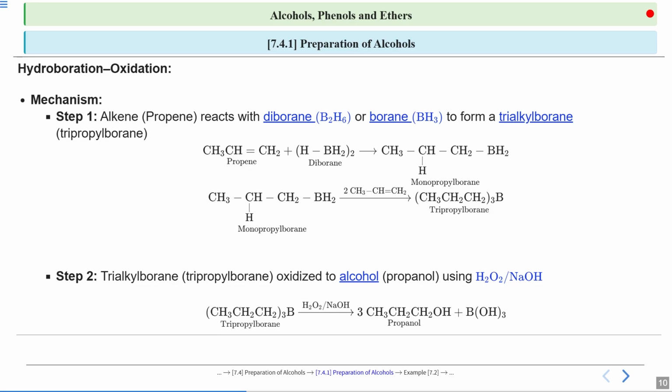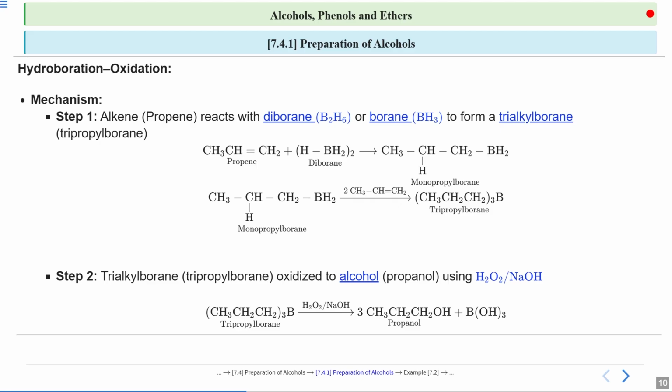So you take this tripropyl borane, (CH3CH2CH2)3B, and react it with hydrogen peroxide to oxidize it to the alcohol. From the tripropyl borane, you will get 3 molecules of primary alcohol, which is propan-1-ol or propanol, plus B(OH)3 as your side product.